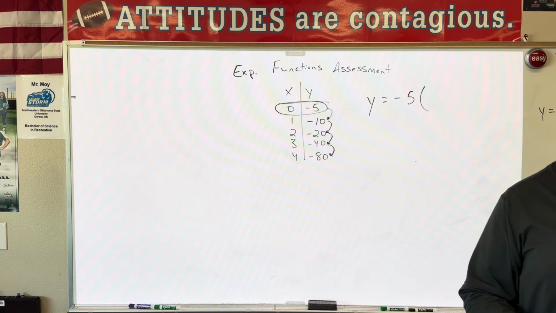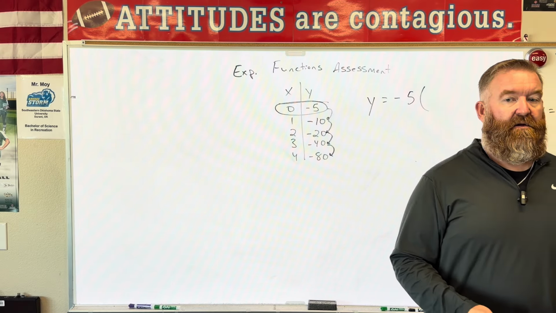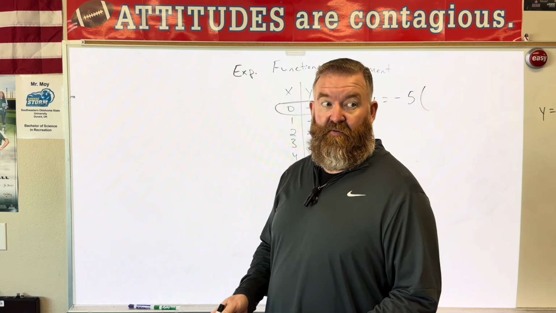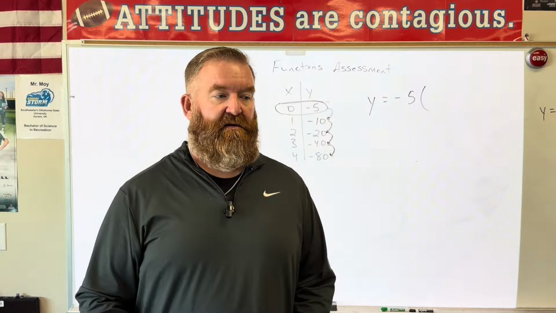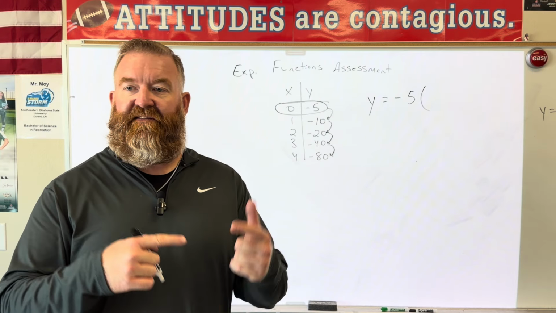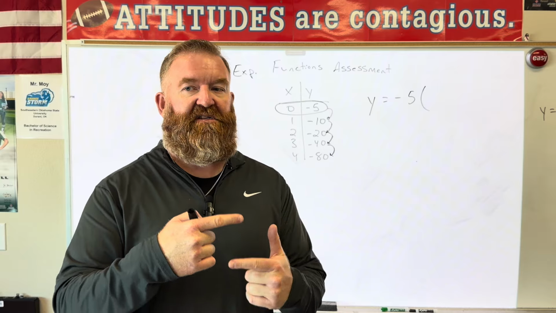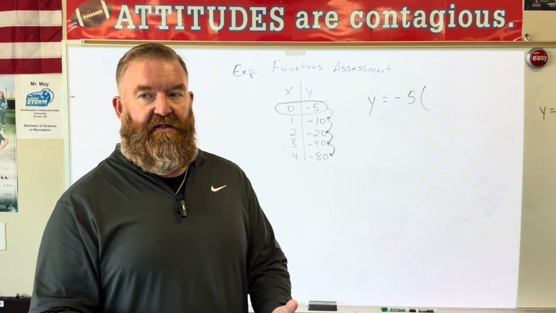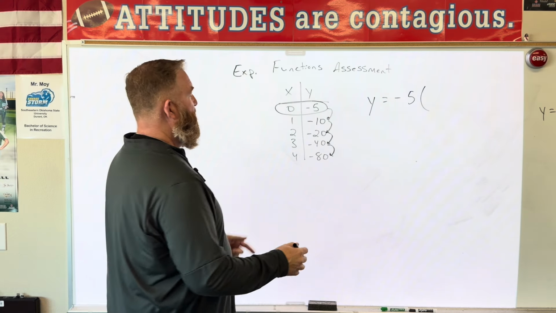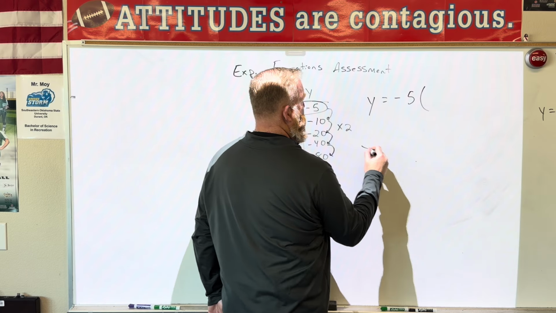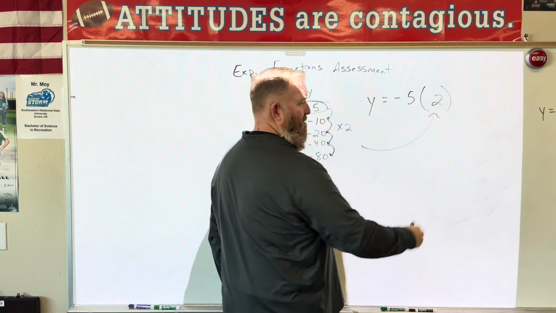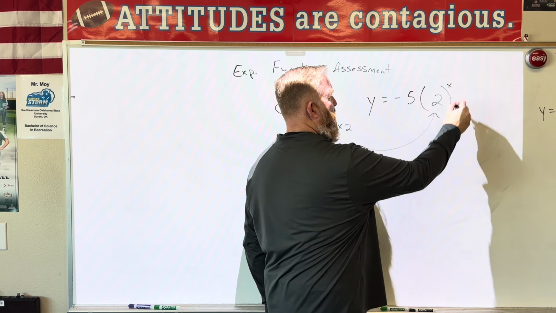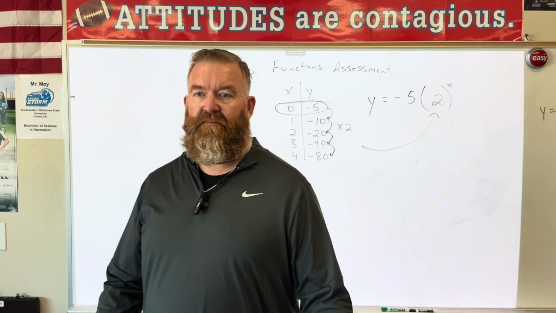Are they multiplying by +2 or -2? Positive. How do you know it's positive? Because if it was negative, the signs would be switching. But do the signs switch? No, they do not, which means it's a positive number. So if I'm multiplying by 2, all I do is just put the x up here. There it is. I'm done with it.